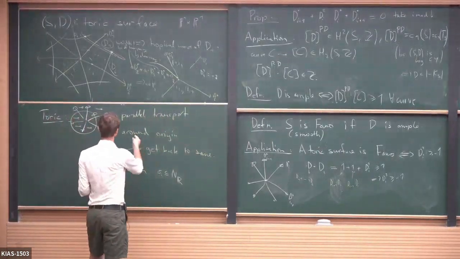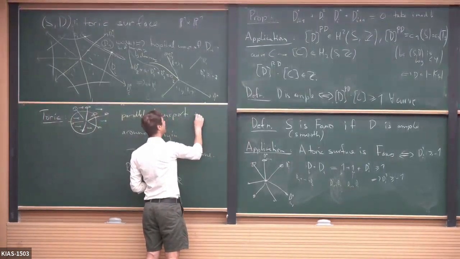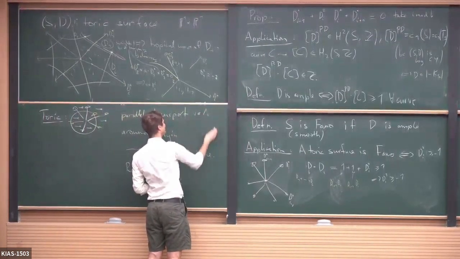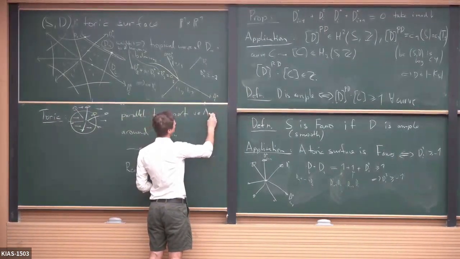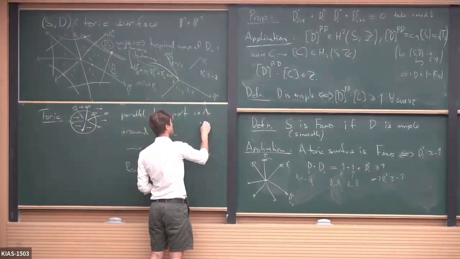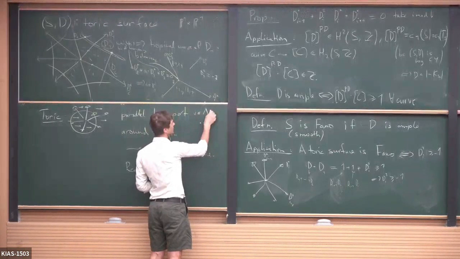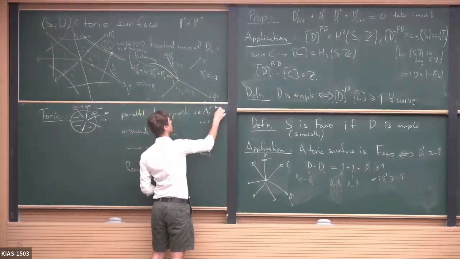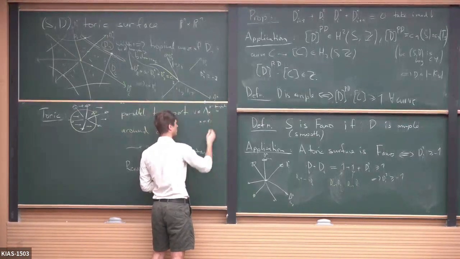So you take a parallel transport, you take a V inside the tangent space at the little x. So x is in some sigma_i, and then you take some vectors. This is a tangent lattice.